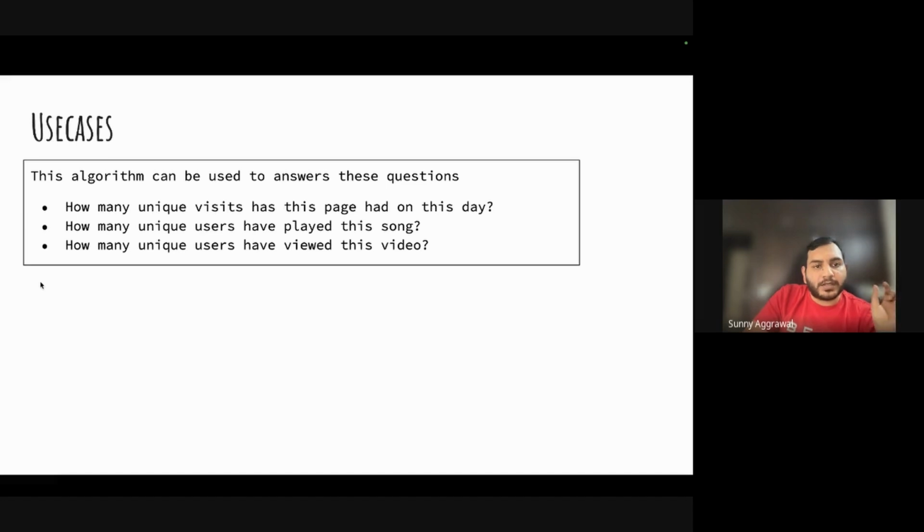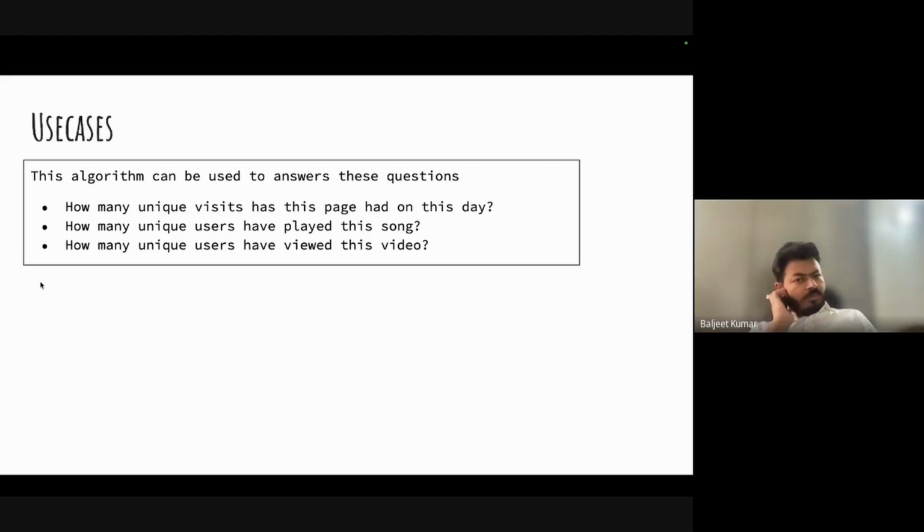I have to count the unique. The term unique is the highlight here. I have to count the unique visits on this particular page or unique users that have played this song. So why does normal counting not work? The normal approaches do not work for these problems because we need to do some computation and rely on some sort of querying.